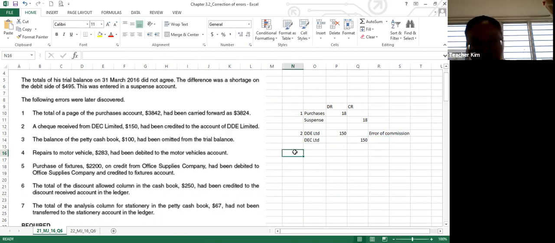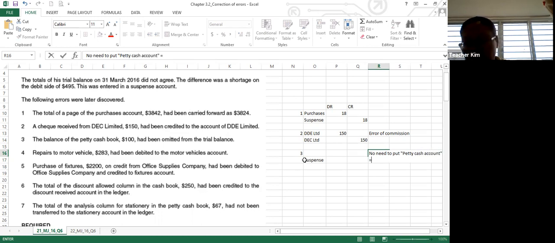Okay. Number 3, the balance of the petty cash book, 100, has been omitted from the trial balance. The new double entry is this omission. We just need to go to the trial balance and put in. So petty cash should be on the debit side. Now here we have to reverse out the suspense. But for this entry, we don't need to put in a petty cash account.